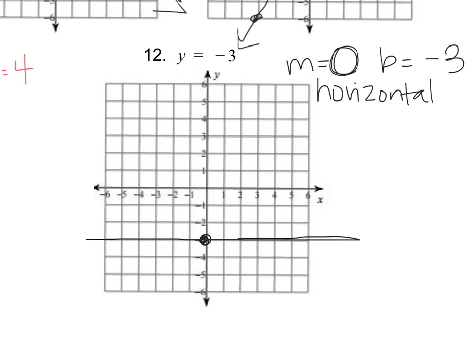It just means you're going across. Because really, if you have a slope that is 0, it's 0 over 1. Up 0 over 1, just forever and ever and ever.